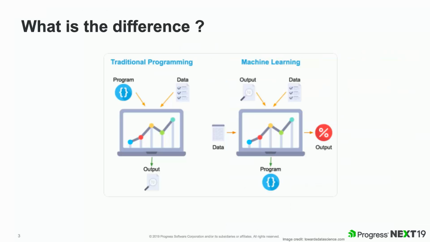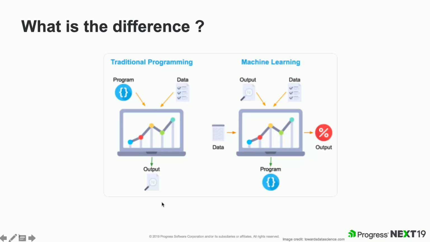So, but let me give you a more detailed explanation of what differentiates traditional programming from machine learning, right? So I'm using the word data science and machine learning synonymously, and which is accepted. So in traditional programming, we have a certain set of lines of code, which is the program, and then we have data. The data with the program gives you an output, right?